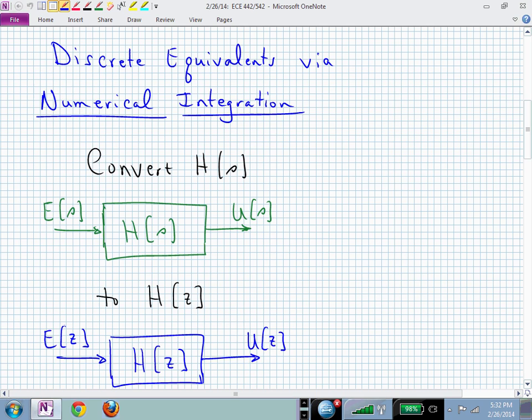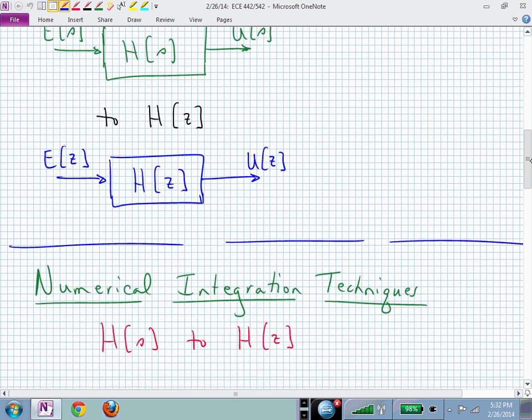As a reminder, this is what we're doing. In this particular approach, it's no longer being preceded by a zero-order hold, these discrete equivalents, and we're looking at different numerical integration approaches. How do we compute this area underneath a curve, x of t? We want to go from green to blue, or we want to go from H of s to H of z. That's what we want to do.